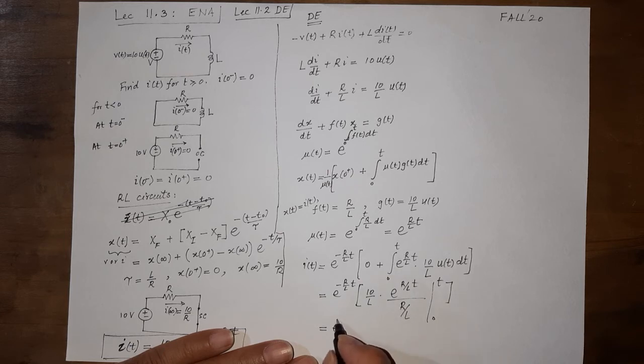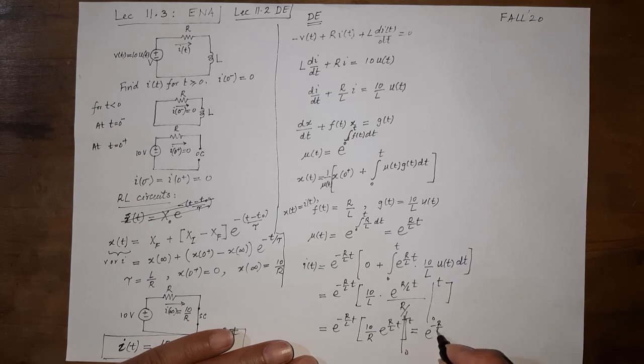We are going to get e raised to the power minus r over L t, 10 over r, e raised to the power r over L t, and if we put the limits, 0 to t: initially put t, so 10 over r e raised to the power r over L t, minus put 0, so we get 10 over r.